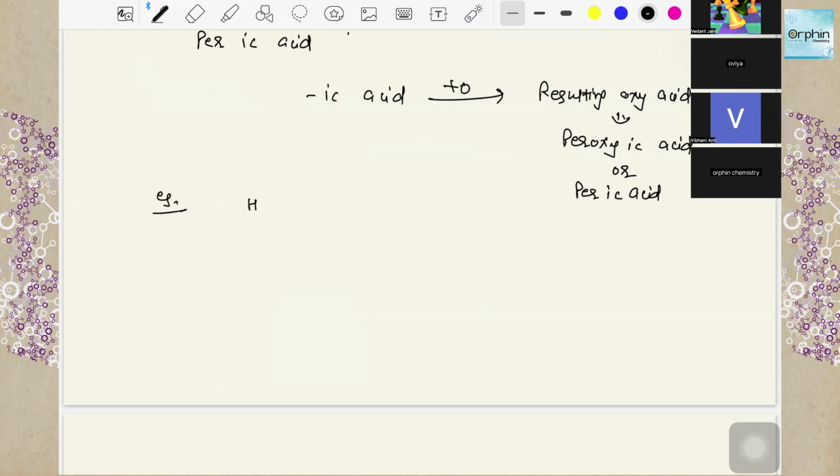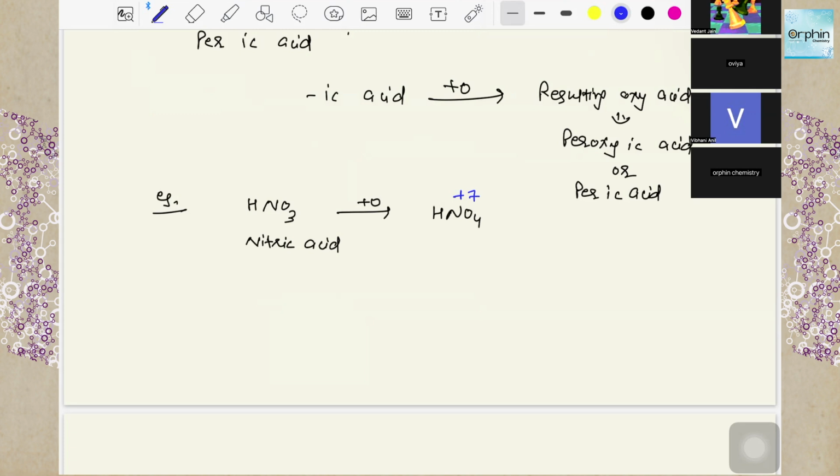For example, we are having HNO3. HNO3 is nitric acid. Okay. And if we are adding one oxygen to that, it will make HNO4. Right. And what is the oxidation state of nitrogen here? You can see it is +7, which is not possible, which is not true. It has 5 electrons in the valence shell.